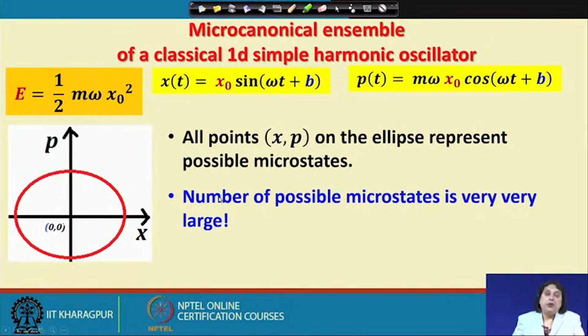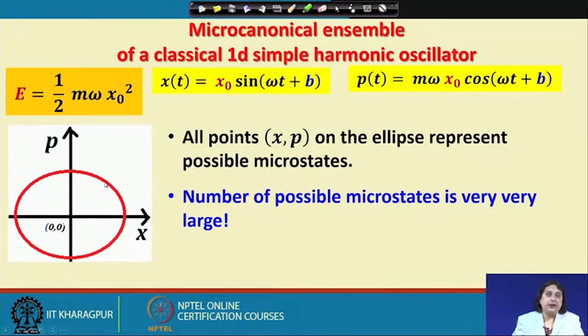So, what is the number of these possible microstates? The number of these possible microstates is equal to the number of points present on this ellipse, and obviously that is a very, very large number. For all practical purposes, there is an infinite number of points that can be populated over this red curve.